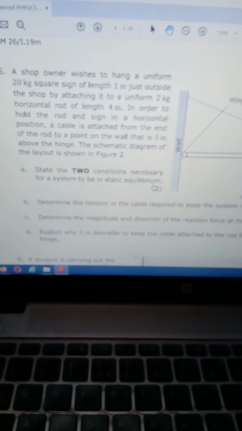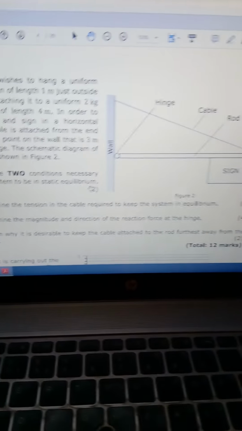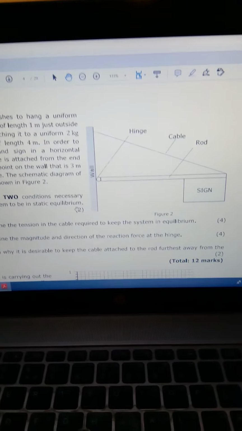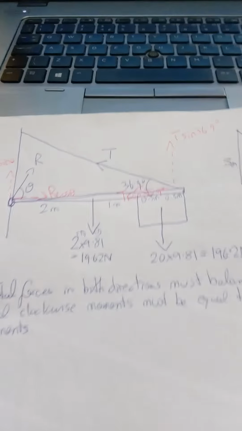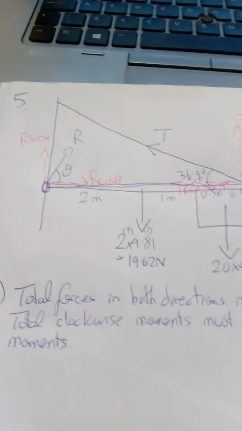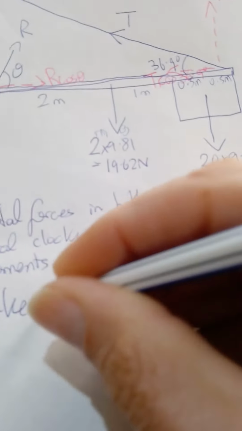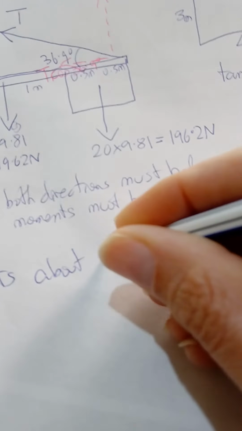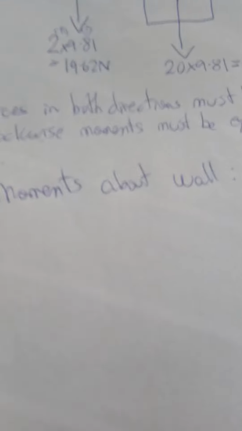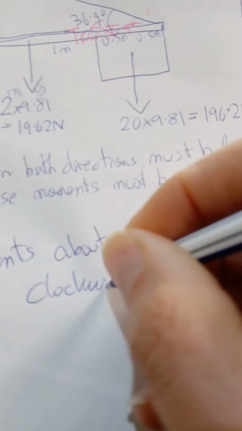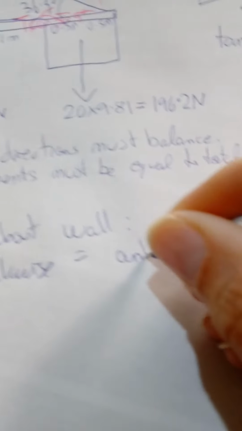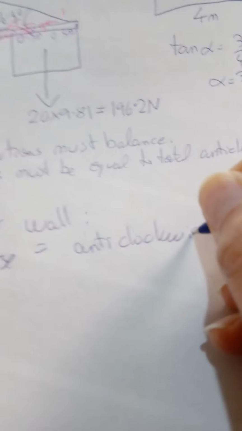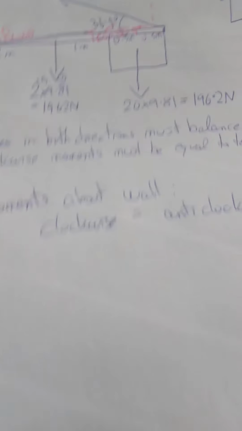Both forces and moments must balance if it is in equilibrium. Part B, we've got determine the tension in the cable to keep it in equilibrium. Here I will have to use the law of moments, take moments about the pivot. So I'll write down take moments about the pivot, or about the wall. Clockwise equals anti-clockwise moments.